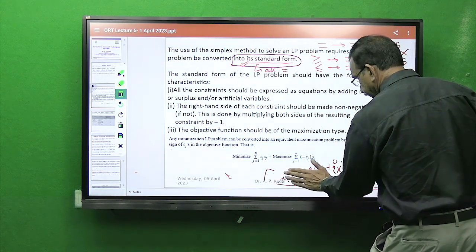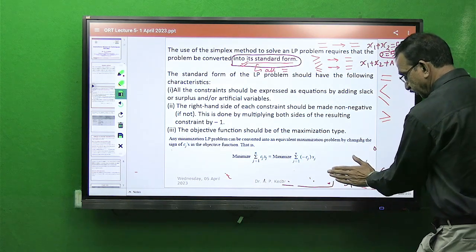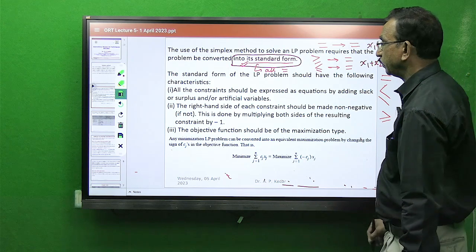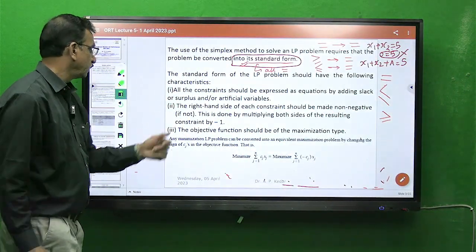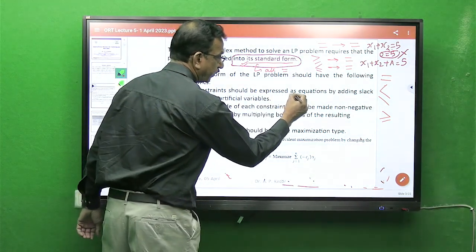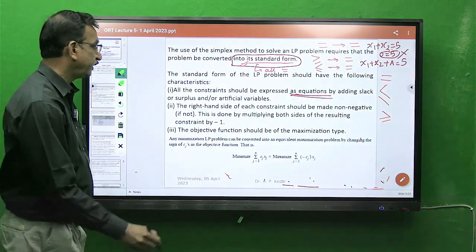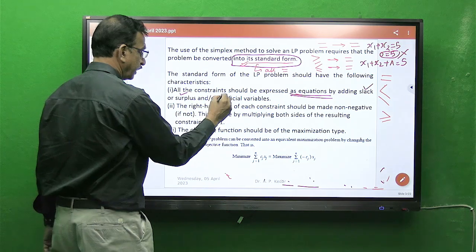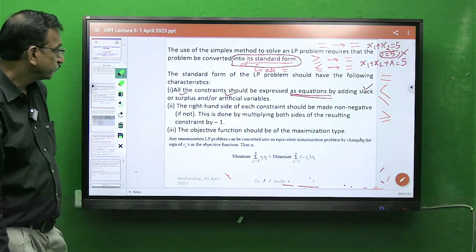Now importantly, what are the other requirements when we want to solve that problem by the simplex method? First, all constraints should be expressed as equations, that we have seen by adding slack, surplus and artificial variables, that I have explained.